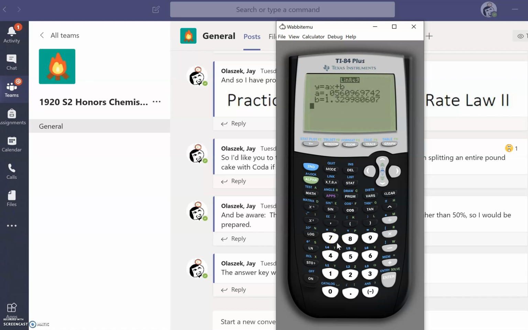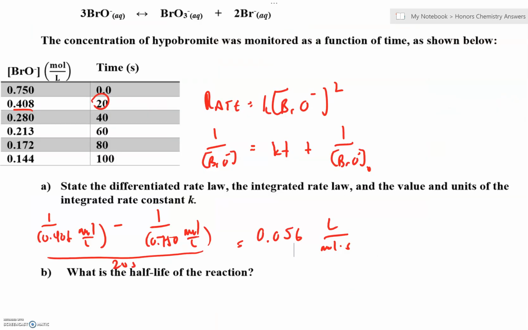And we should get something pretty close. Dead on the money, 0.056 right here. So that looks good to me. And let's get back to this. All right, so there's our value and units of the rate constant K.